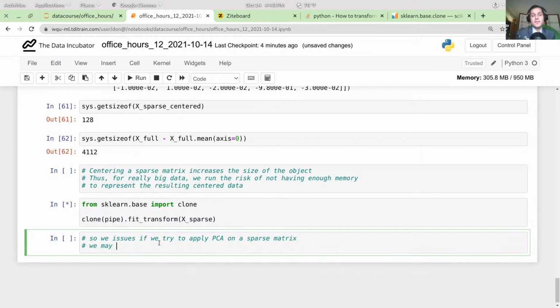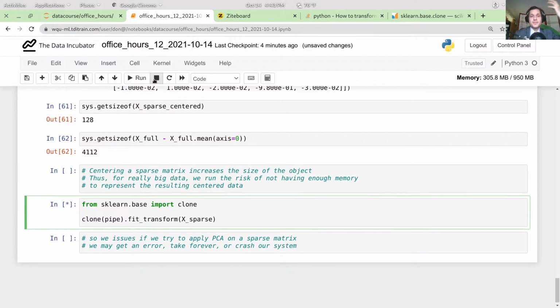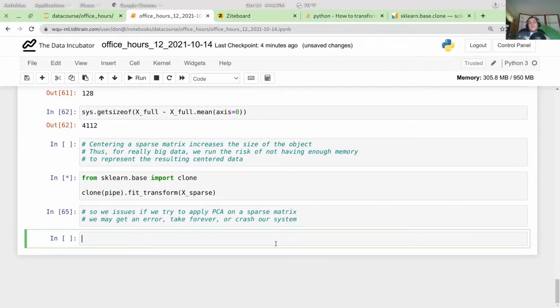We may get an error, take forever, or crash our system. In fact, I'm going to close this off here because this is going to keep on going perhaps. So I have an issue. I cannot apply PCA because it requires centering my data on a sparse matrix. This is problematic.